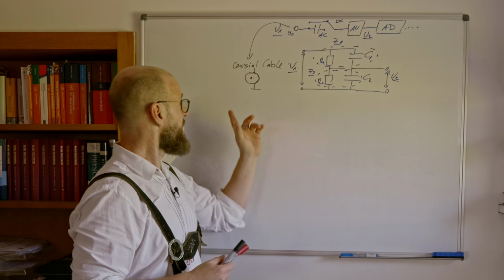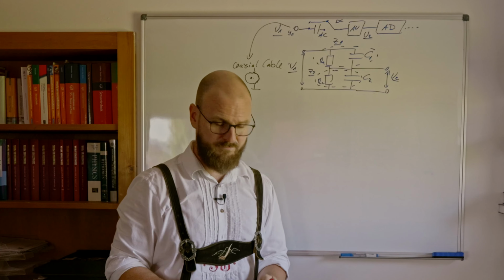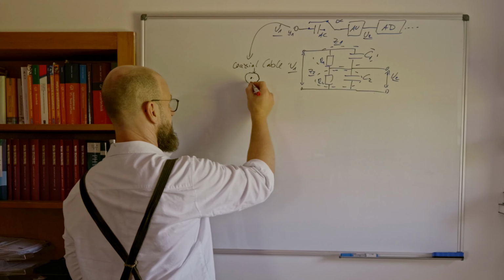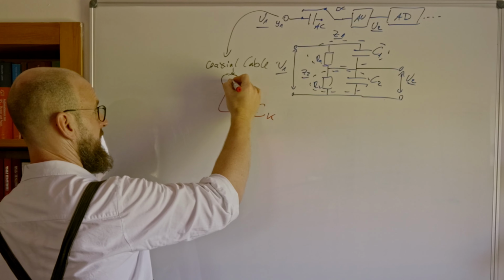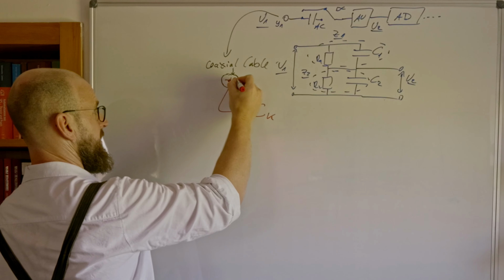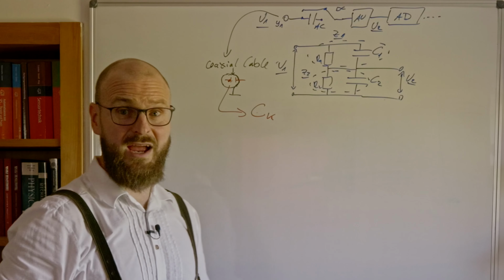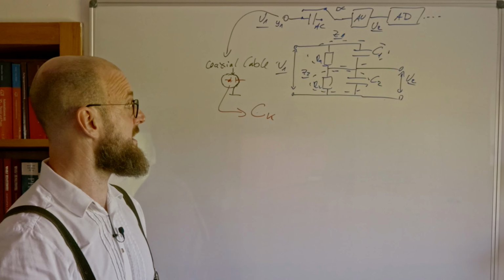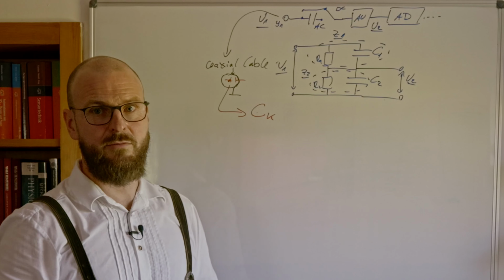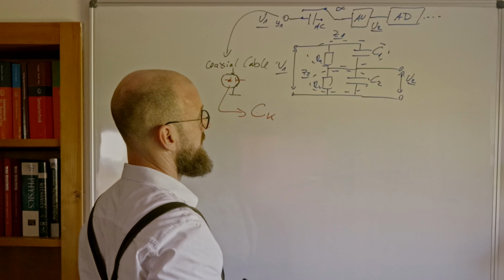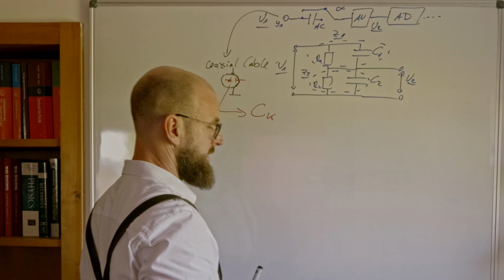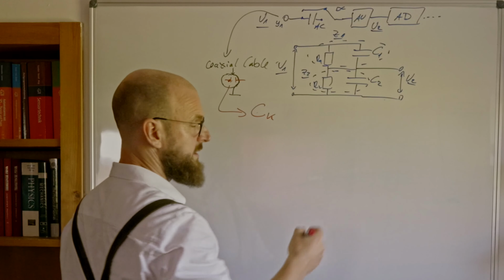Now, along with those cables comes another problem. Those cables have capacitances. For sure, that's nothing more than a capacitor over here. So they have real measurable capacitances. And now remembering that stuff, we get a problem because that whole setup here has a capacitance itself. Let's call it CE.